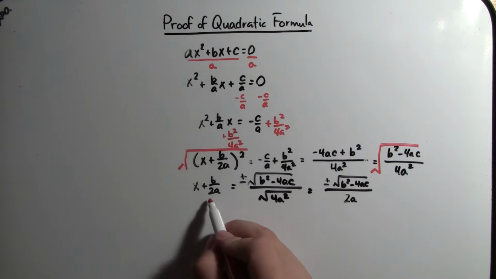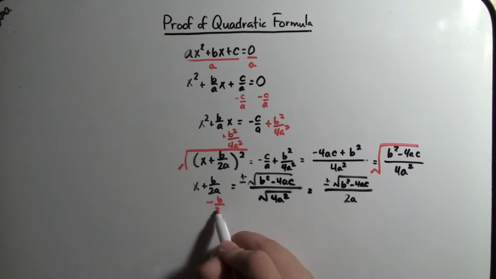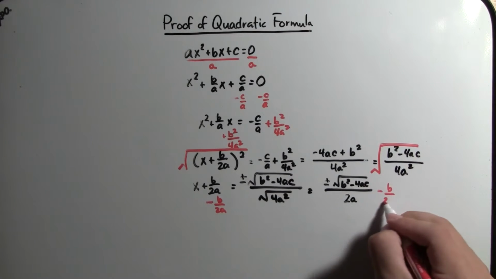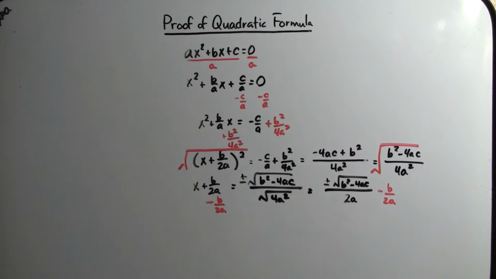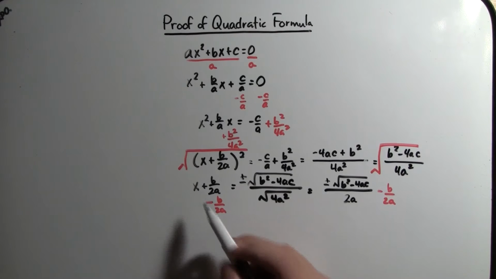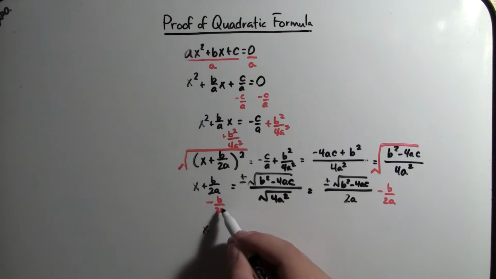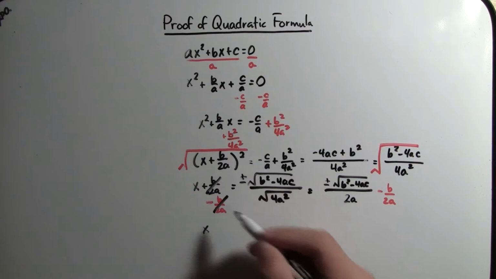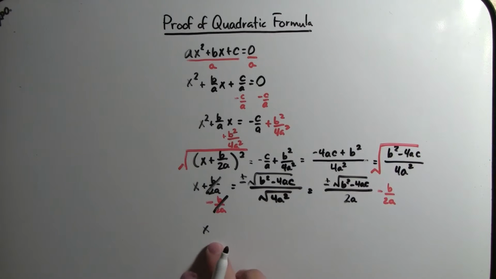And we can subtract b over 2a from both sides. The reason we want to do this is that it will isolate x, because the b over 2a and the minus b over 2a cancel out. So we're just left with x. That's what we want to do.